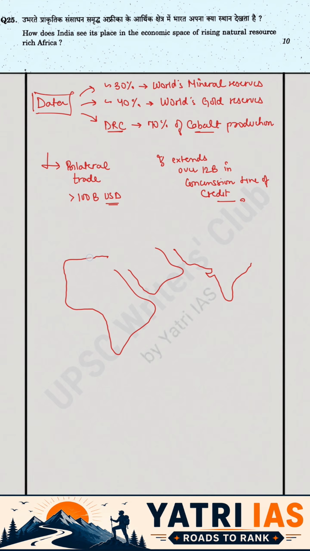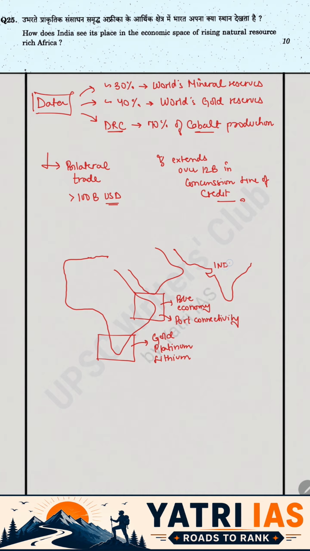Now this is Africa, and you would see that the region of Africa can be utilized for, like, the South region is very rich in gold, platinum, lithium reserves. Then Eastern Africa can be used for blue economy, port connectivity.